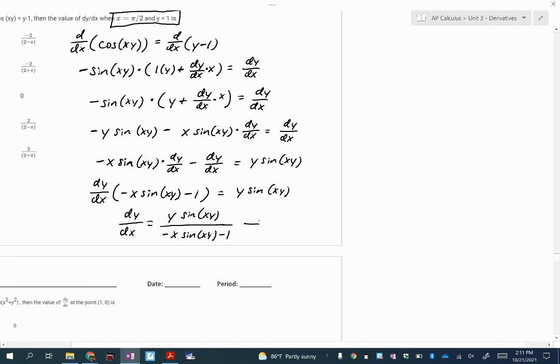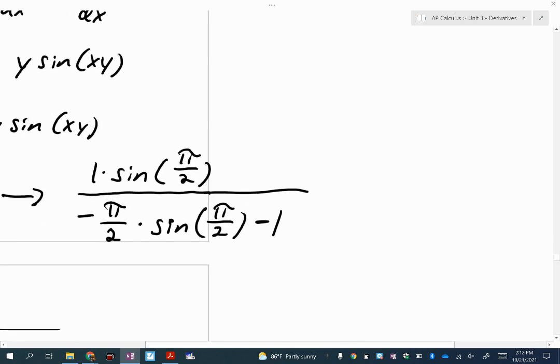So I'm going to plug in wherever I see y is a 1. So 1 times the sine of 1 times pi over 2, which is just pi over 2, all over the opposite of pi over 2 times the sine of pi over 2 minus 1. If you need to go to the quadrantals, you can.